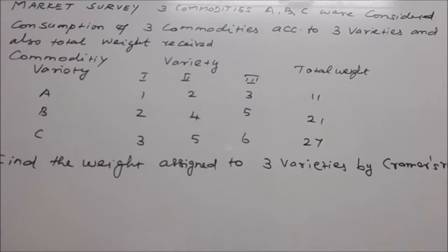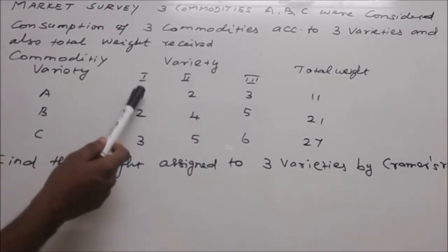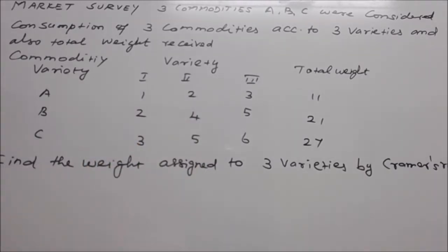To do this, first we should assume the 3 different varieties as X, Y and Z. Let X, Y, Z be the varieties 1, 2 and 3 respectively.